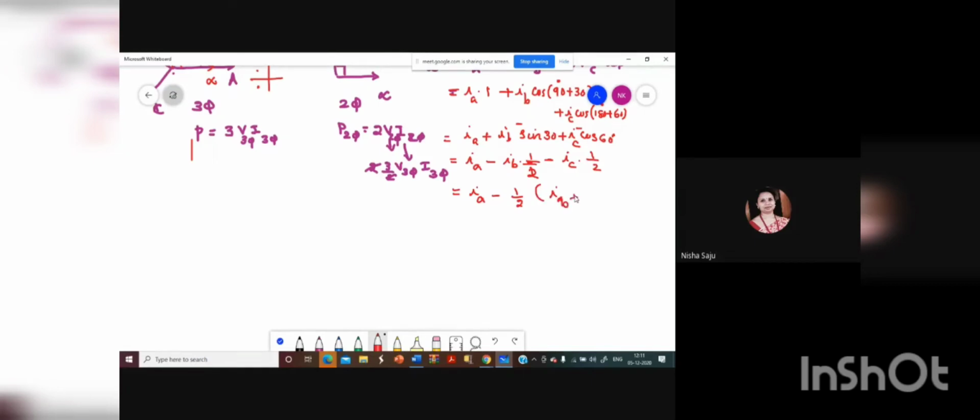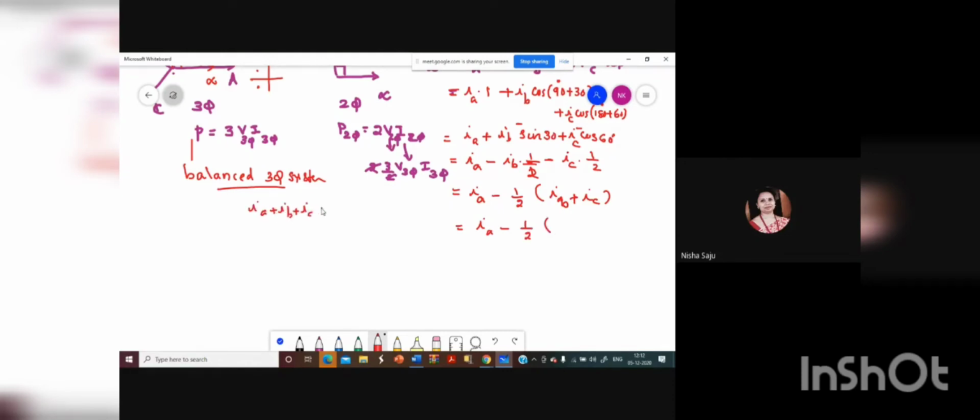Right. But in the case of a balanced three-phase system, then you will be getting IA minus 1 by 2 into, what is this one? IA plus IB plus IC is equal to 0.